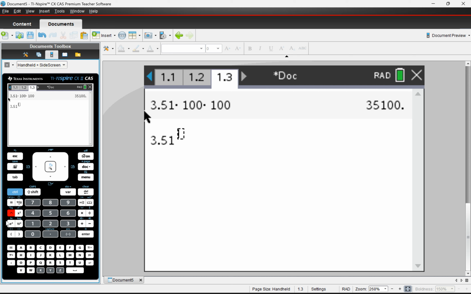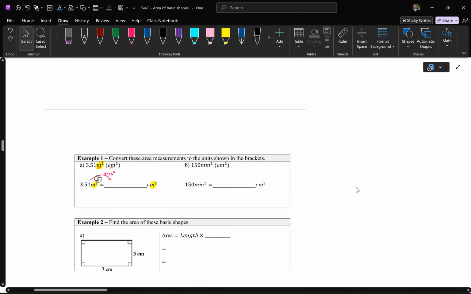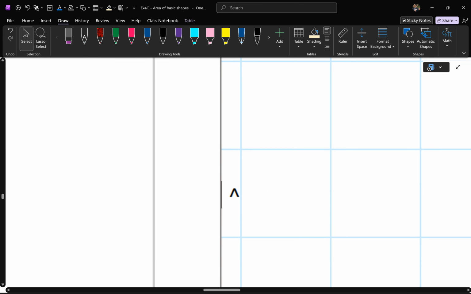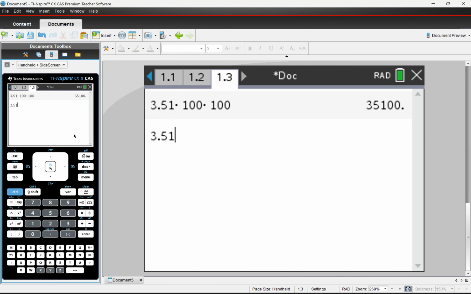That symbol means power of. It looks like this on a spreadsheet. So that symbol on your calculator, the little pointy arrow, means power. So if you type 3.51, do the little hat, because mine doesn't show it, it comes up as a little superscript position, and you do times 100 to the power of 2.